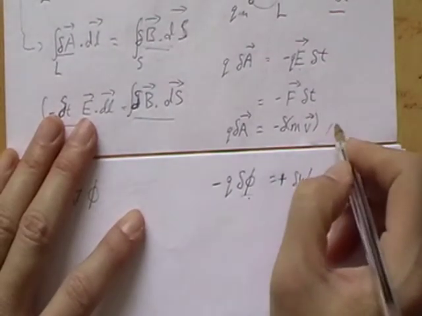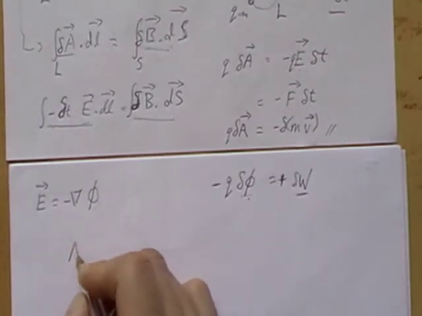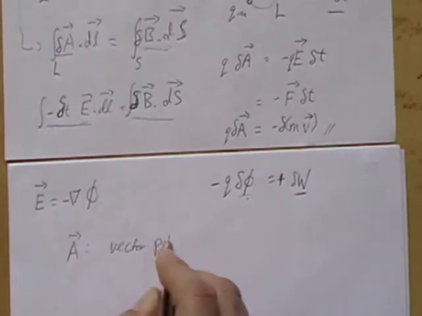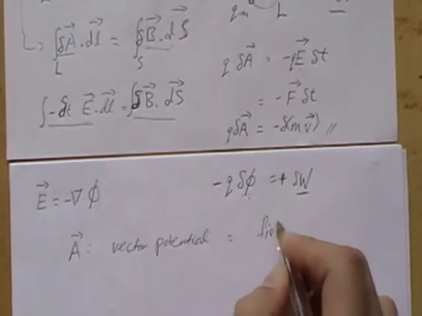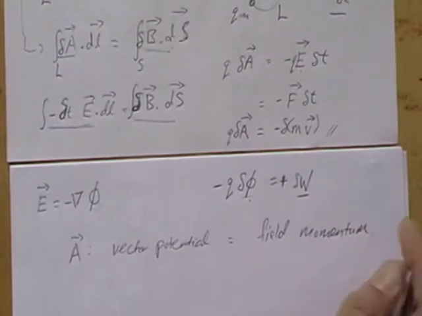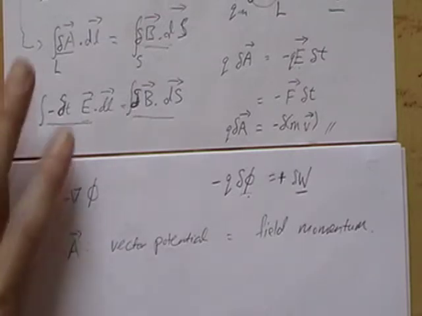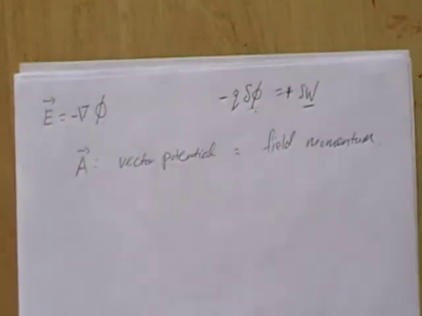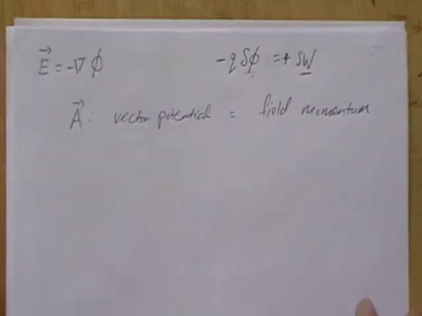So in this way, we have our physical interpretation, and the vector potential A can be described as a field momentum. Now we are ready to take this idea and use it on quantum mechanics of a particle in a field.